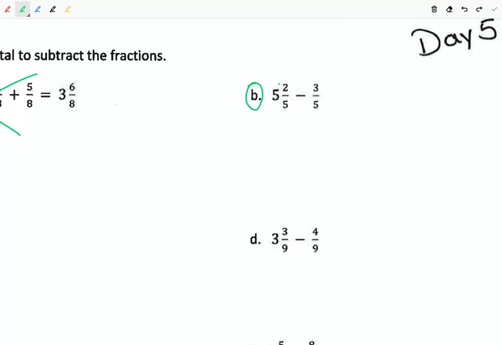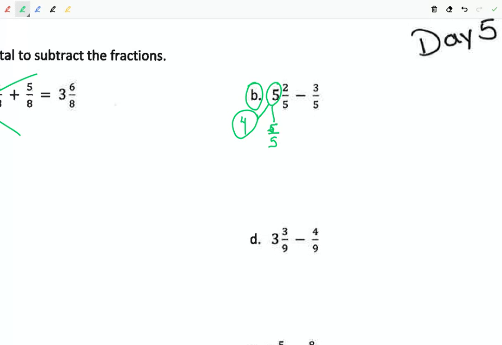What that means is that I would borrow one whole from 5. And if I am borrowing 1 from 5, I am putting aside 4. And then the one that I am borrowing from 5, I want to write that one whole as a fraction, and the fraction would be 5/5 because I am working with fifths.